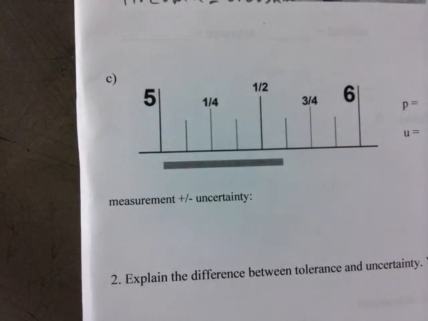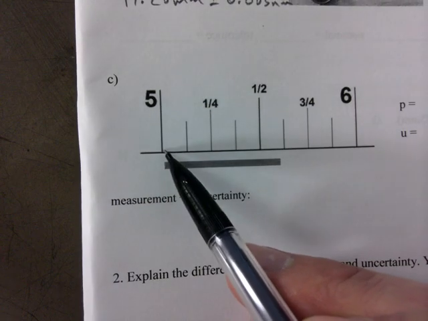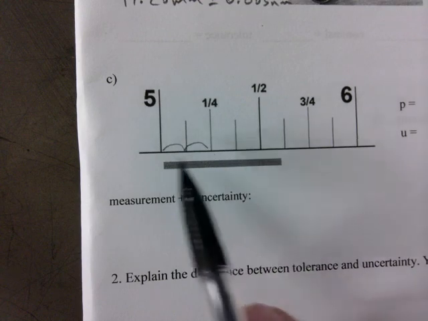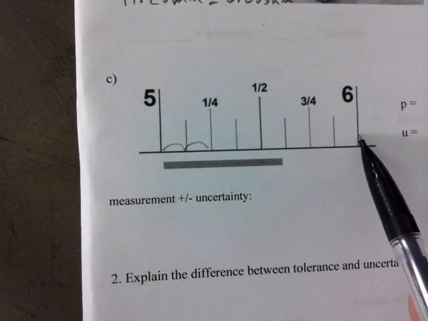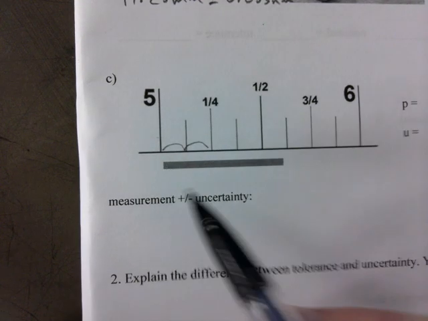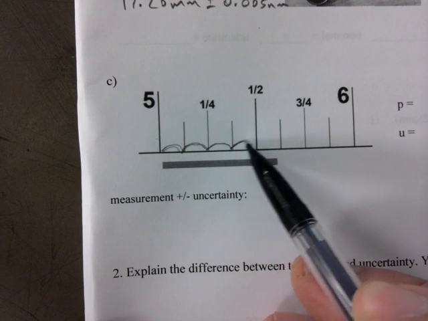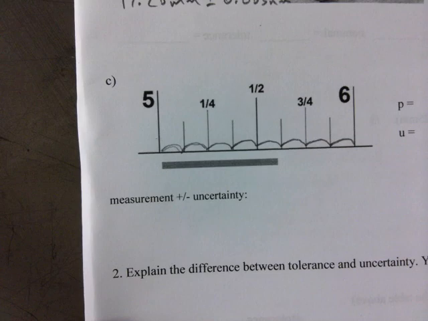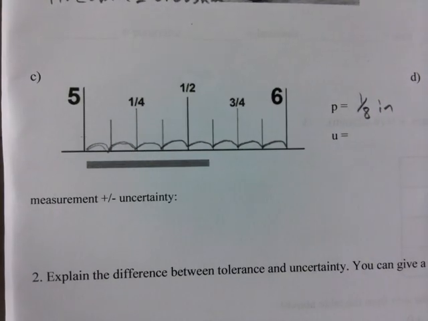What's the precision on this one? You know what you do? You go from here to here. That's an inch. So just count 1, 2, 3, 4, 5, 6, 7, 8. 1/8 of an inch. That's what I would suggest you do.